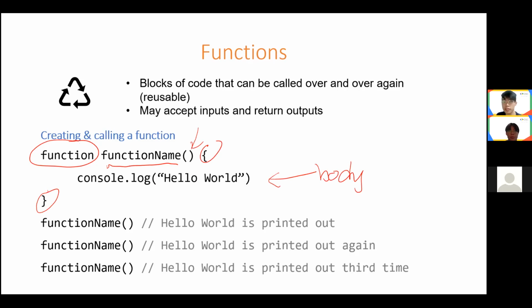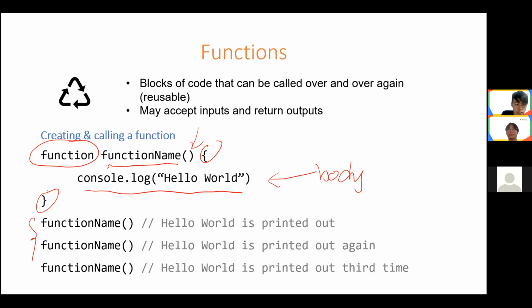A function can also accept inputs and return outputs, which I will tell you more about later on. So in this example, we have a function called function name, and in its body, we have console log hello world. It's basically printing out hello world.